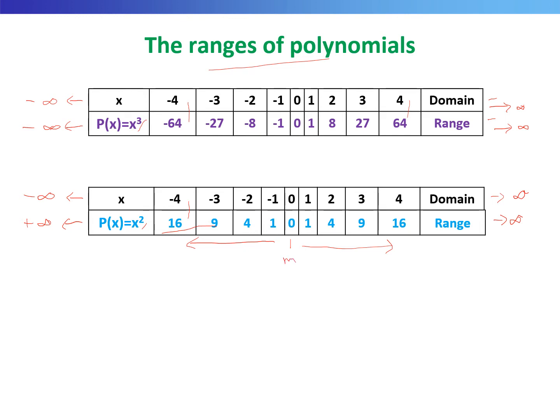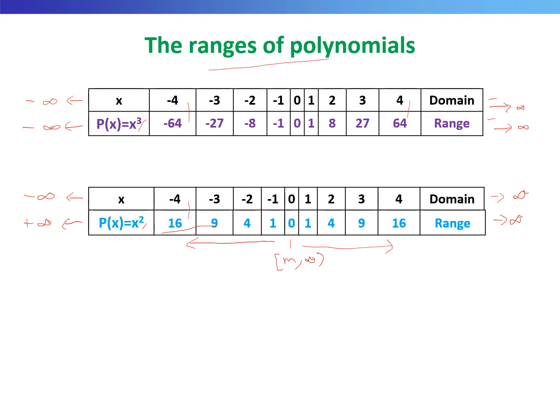The points to the right are more than m: 1, 4, 9, 16, all the way to infinity. And to the left, 1, 4, 9, 16, all the way to infinity. So the lowest value is 0 and the highest value is infinity. So 0 we call m. So m is included and the other side is not.